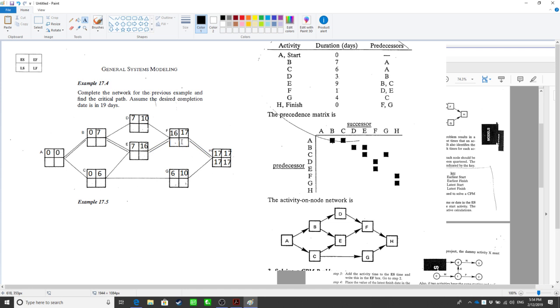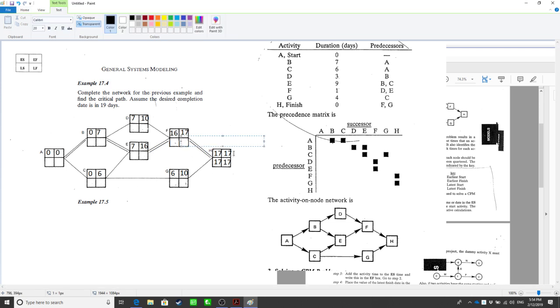So LF, what number do we put here? 17. Yes, exactly, 17. Right? Okay. And how about this? The latest start time. It's gonna be the latest finish time minus 1. So it's gonna be 16.